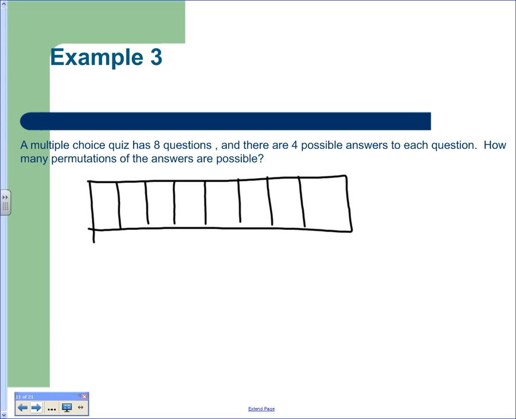Okay, why 8 boxes instead of 4 boxes? There are 8 questions. How many answers do you have for this one? You have 4 options here. What about here? 5,536.